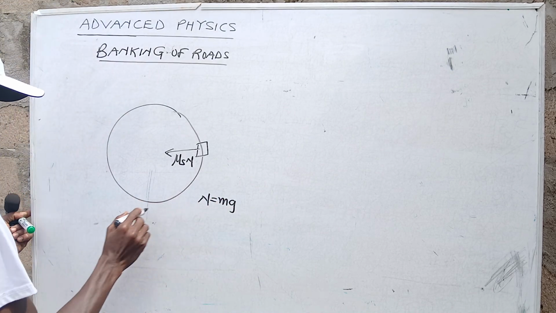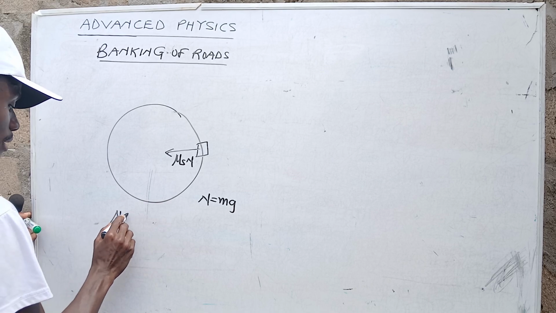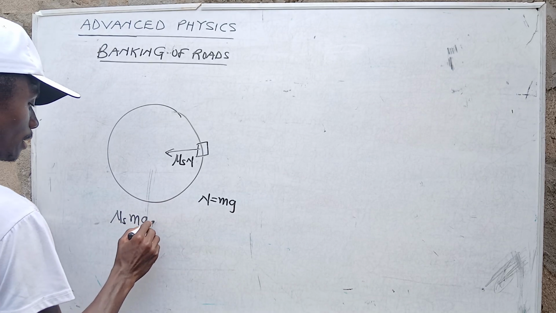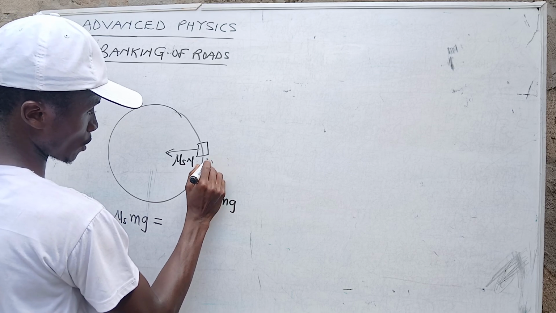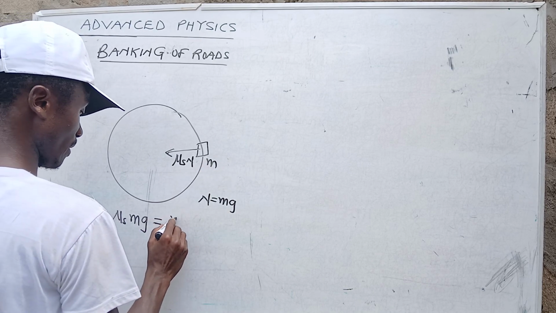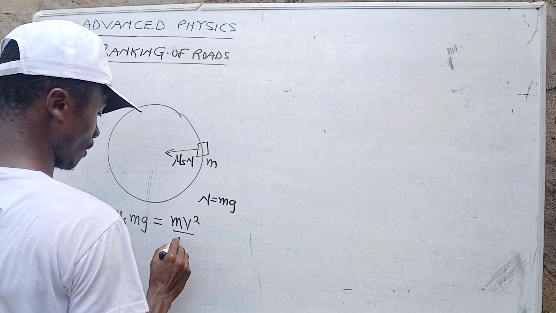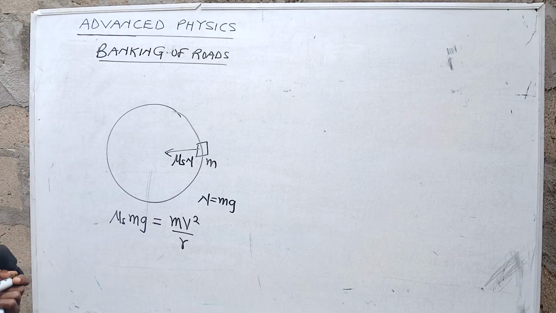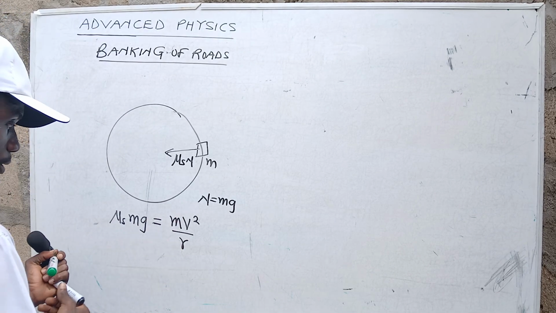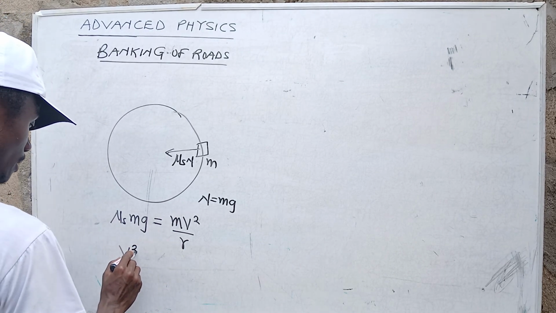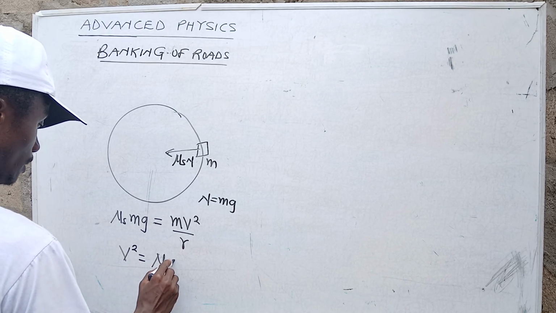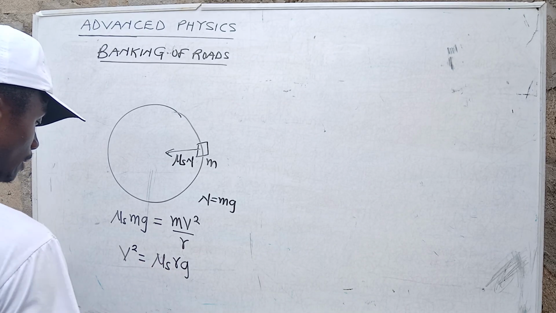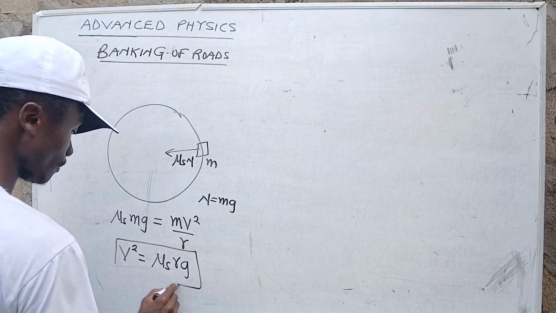So then mu s times mg is equal to the centripetal force, which will be mv squared over r. Now m cancels out, so we have v squared is equal to mu s times r g.